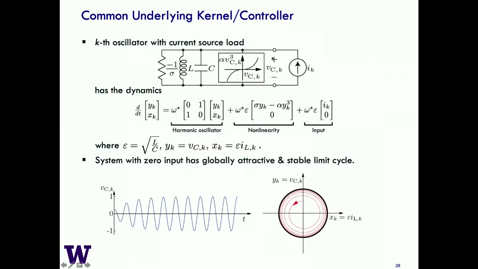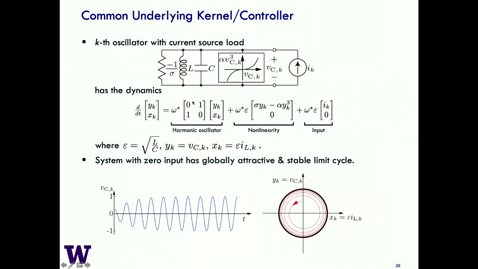So this circuit has dynamics that you can describe by this differential equation, where y and x can be thought of as just being scaled versions of the capacitor voltage. So in fact, y is that capacitor voltage that's here, or across this capacitor. x is just a scaled version of the current that flows through this inductor.